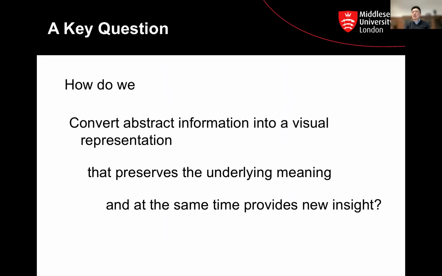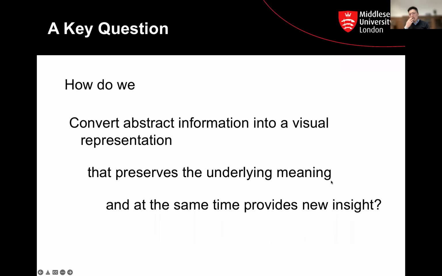Okay, and so when we design the evaluations, the important thing we need to consider is that the main task is to convert abstract information, the numbers, for example price and MPG, to a visual representation. And we want to preserve the underlying meaning.